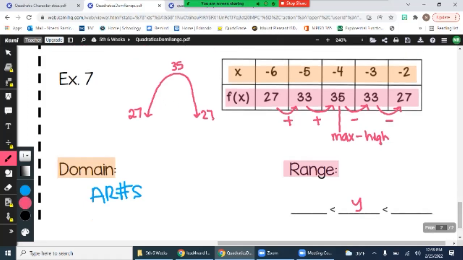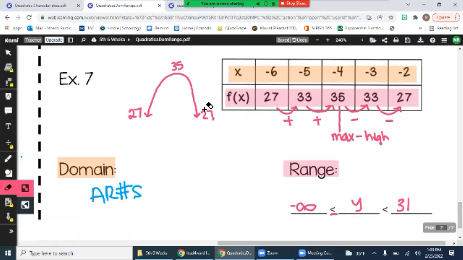So, Jason, what is my lowest? Infinity. Yes, infinity, closed. What is my highest point? What's my maximum? 35, not 31, 35, closed, my bad. 35, closed.